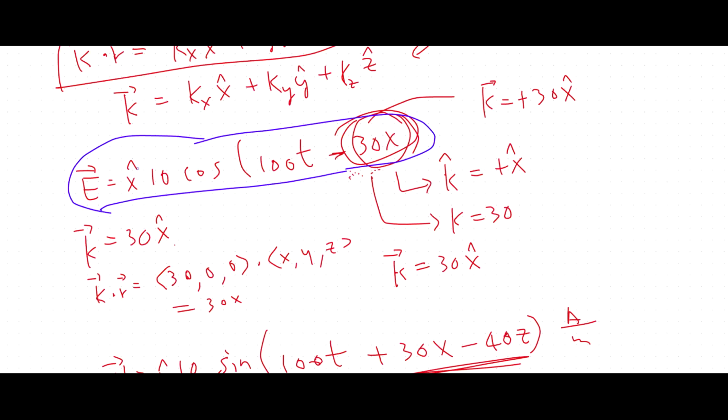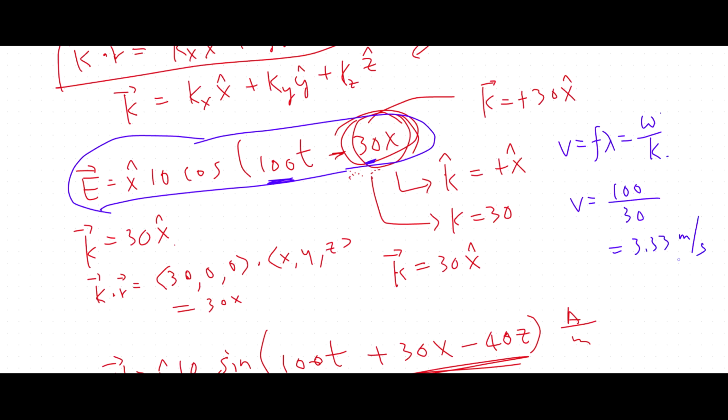With that, we know the velocity. Velocity of a wave is frequency times lambda, or omega over k. Omega is whatever is in front of the t, and k is whatever is in front of the x, y, z. In this case, the velocity is 100 divided by 30, which is 3.33 meters per second.